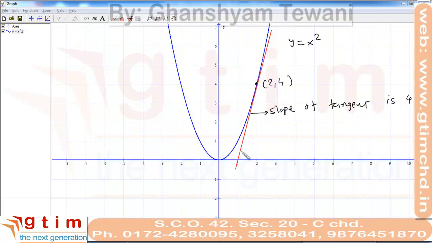So if this angle is theta, then we get tan theta is equal to 4. And when tan theta is 4, we can find the corresponding value of theta, from which we get this angle.